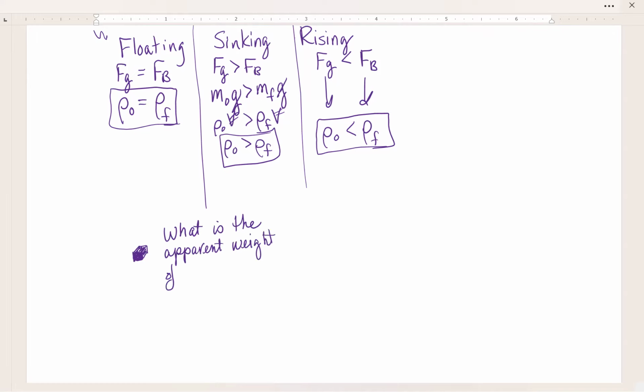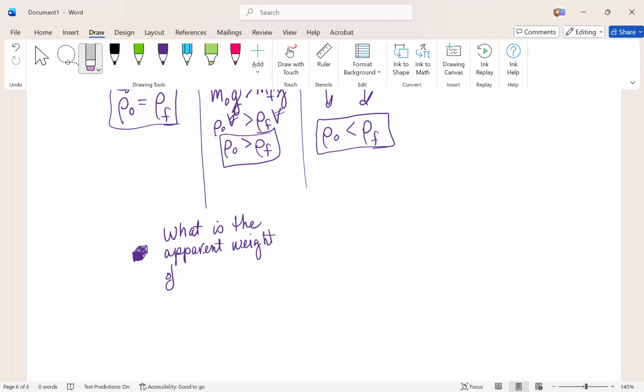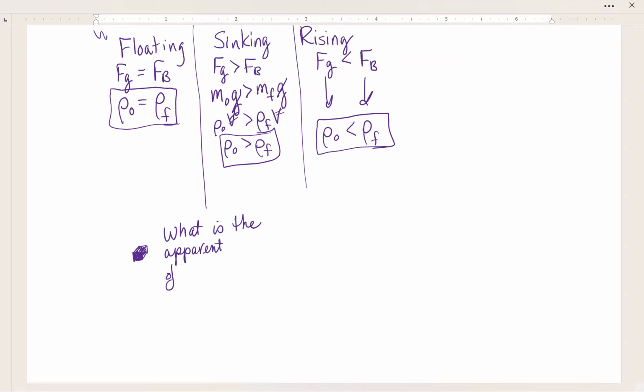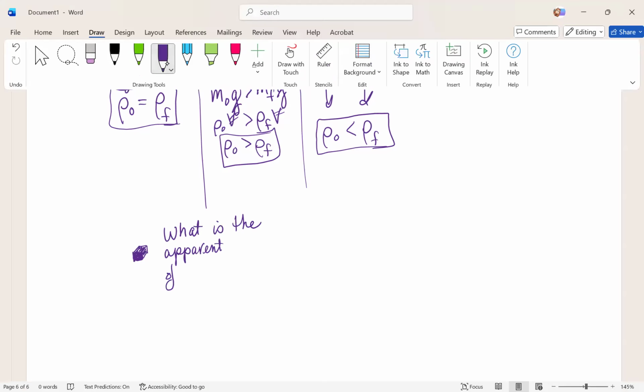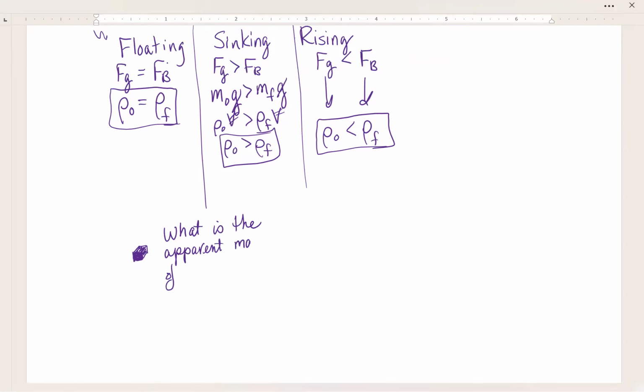Let's change it from weight to mass because I don't like weight. The apparent mass of the object. If I weigh it underwater, it weighs less. I think we've all known that. If you weigh something, the water is pushing up on you. It's kind of like being on an inclined plane. It's going to weigh less. So what's the apparent mass?